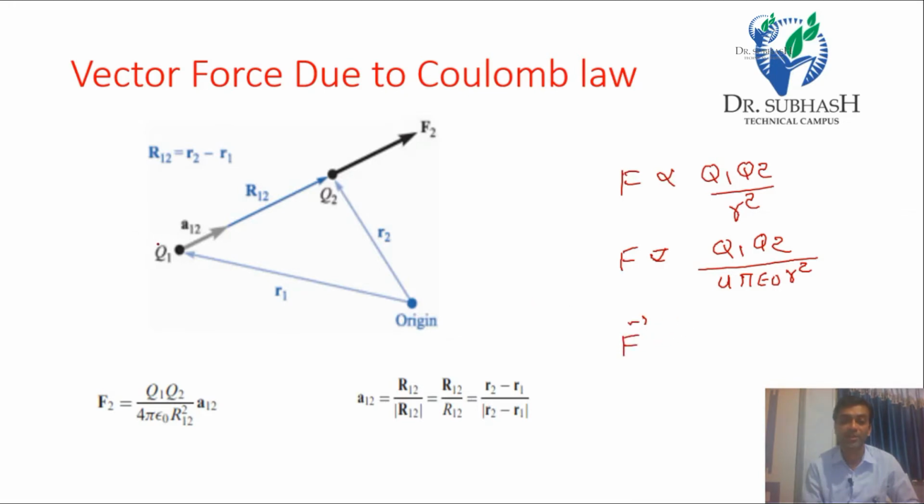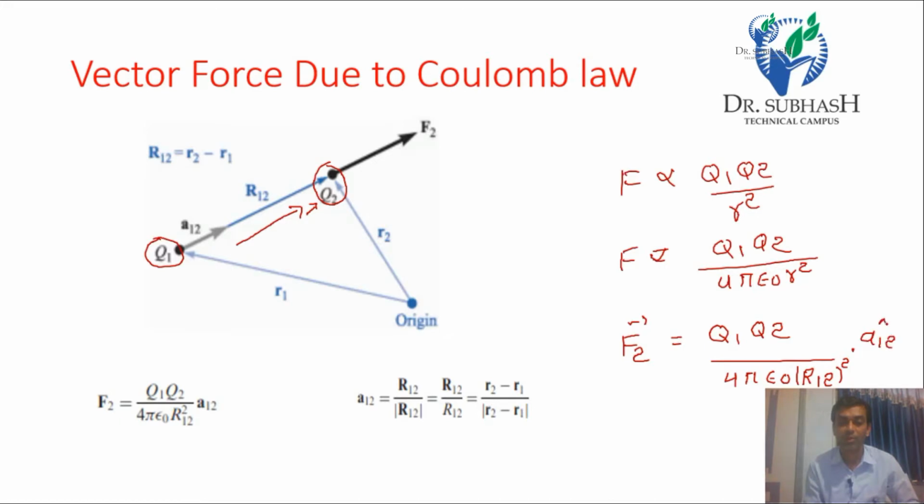Suppose this one is the charge Q1 and this is the charge Q2, and we require to find the force on charge 2 due to charge Q1. Then it can be represented as force on charge 2 is Q1 Q2 upon 4 pi epsilon 0 r12 square, unit direction a12.